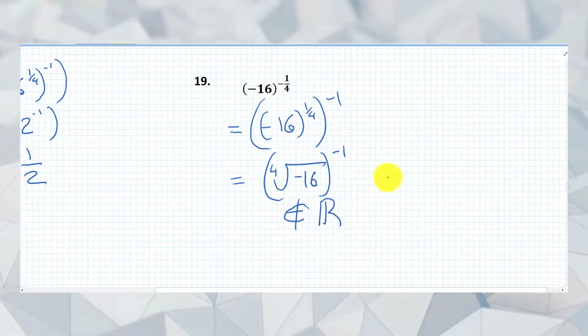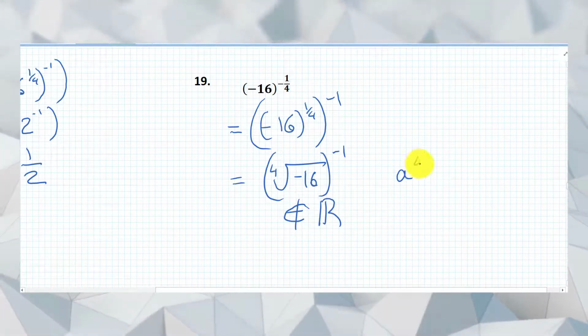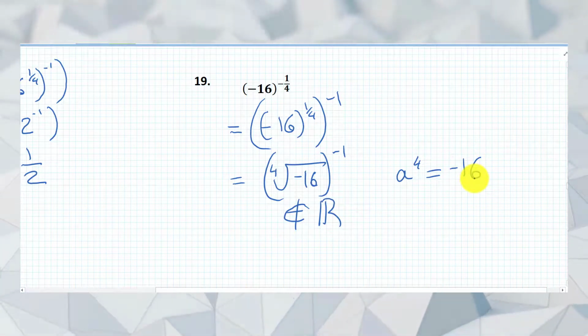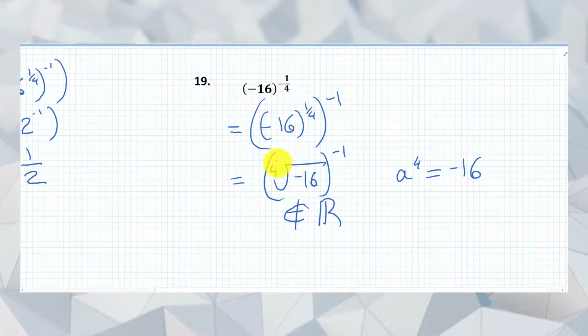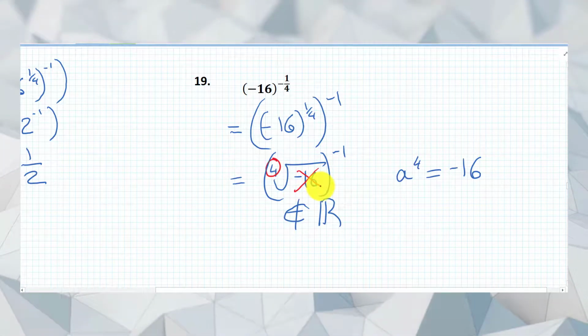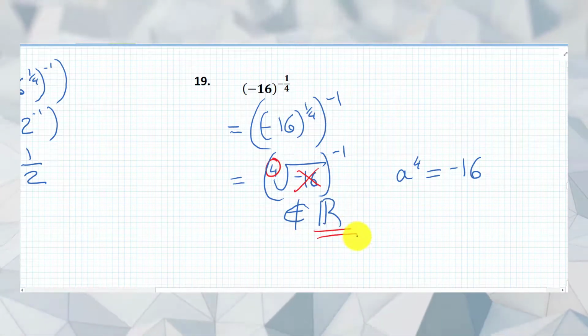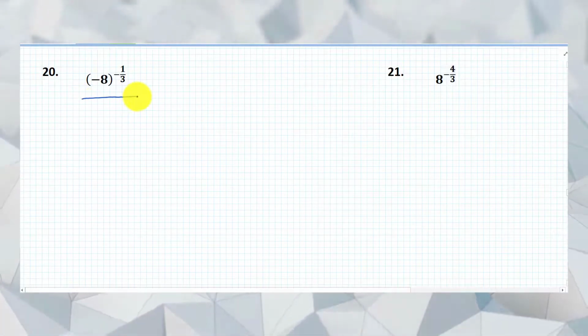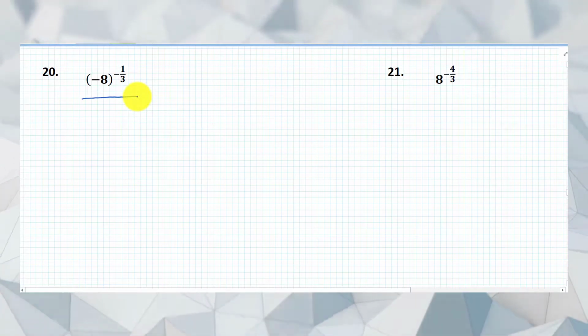We've covered that in the previous lesson. You cannot find a real number, raise it to the power of 4 and find negative 16. The index of the root is even, therefore you cannot have any negative numbers inside if you're dealing with real numbers. Let's move on. I'm going to let you do number 20. Let me move on to number 21.